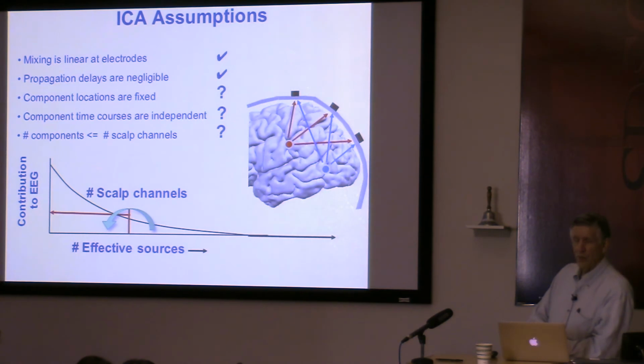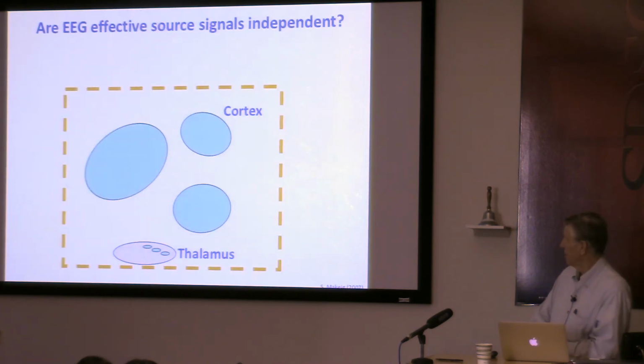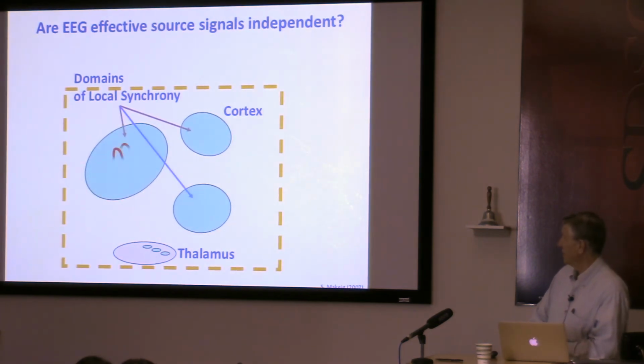So the EEG is dominated by relatively few of these effective source processes. Now, should they be independent of each other?